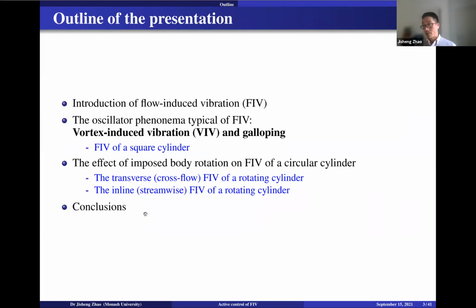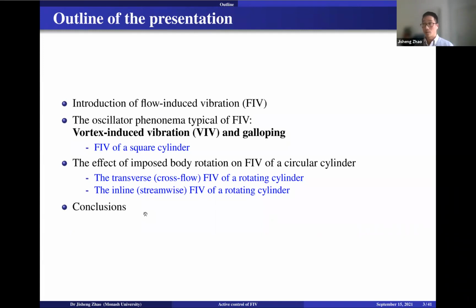To show you these two bluff body oscillation phenomena, I'll give you an example of FIV of a square cylinder to demonstrate the difference between VIV and galloping. In the second part of the talk, I will show you some experimental results of active control of FIV of a circular cylinder.